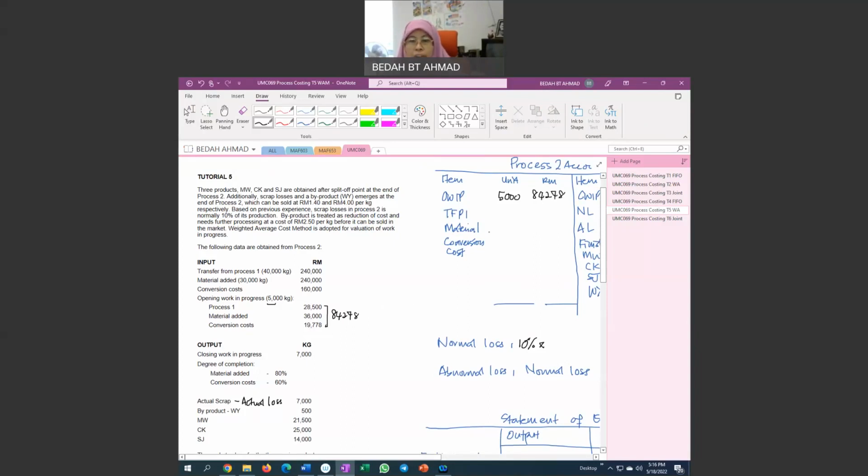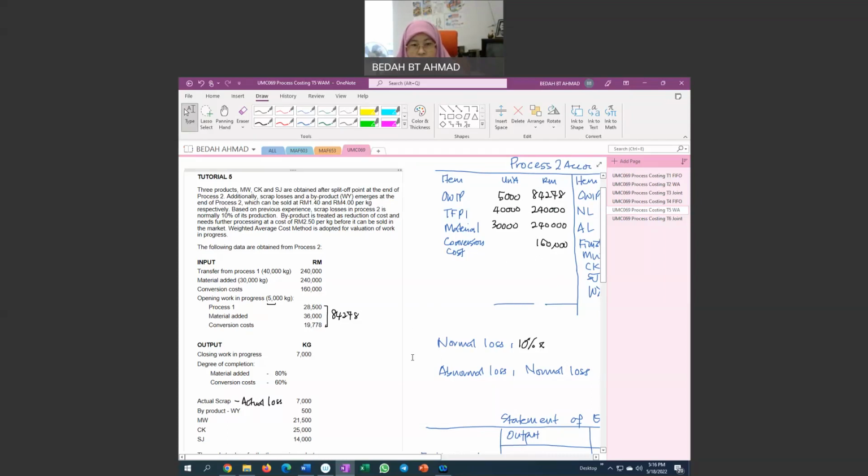Then the transfer from process 1 is 40,000 units equivalent to 240,000. Material added is 30,000 units, equivalent to 240,000. Conversion cost is 160,000.